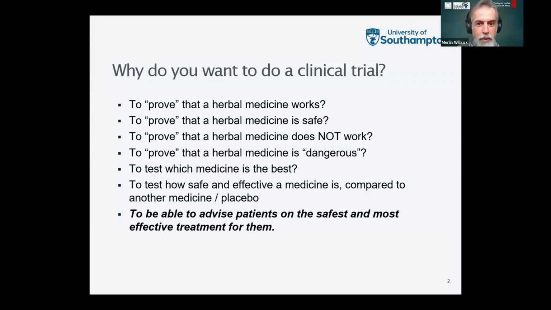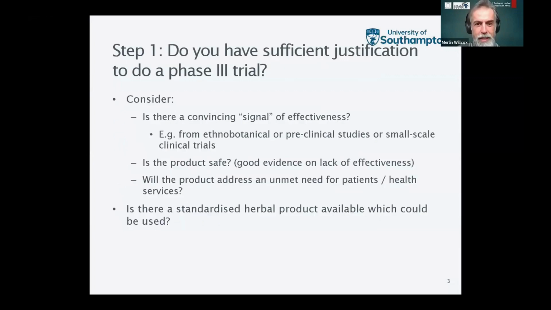But I think it's important to set out by thinking about, what question are you actually trying to answer? And in terms of herbal medicines, I think the first step is to think about, do you have sufficient justification to do a phase 3 trial? A phase 3 trial is not a small undertaking. It's big, it's expensive, it's time consuming.